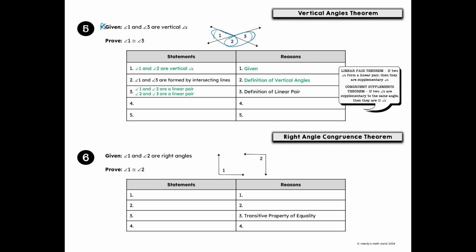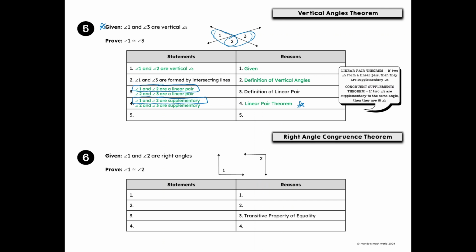Okay? What do we know about angles that form a linear pair? We know they're supplementary, right? We know that by the linear pair theorem. Remember, if two angles form a linear pair, we know that they are supplementary by the linear pair theorem, which we have already proven in example number 1.